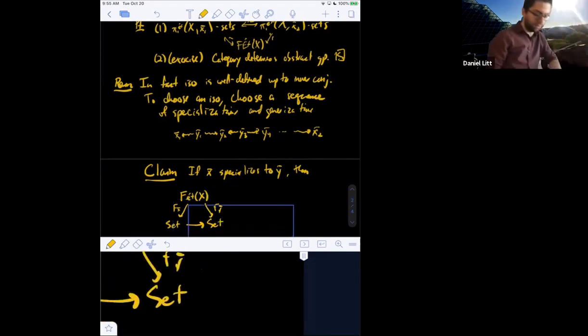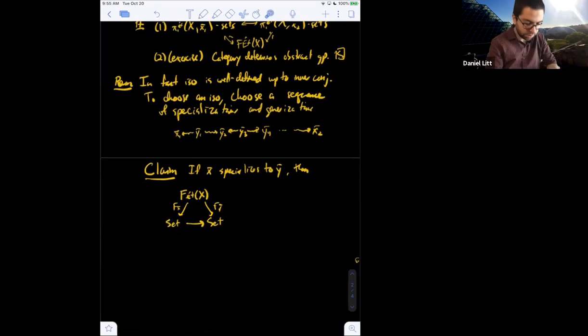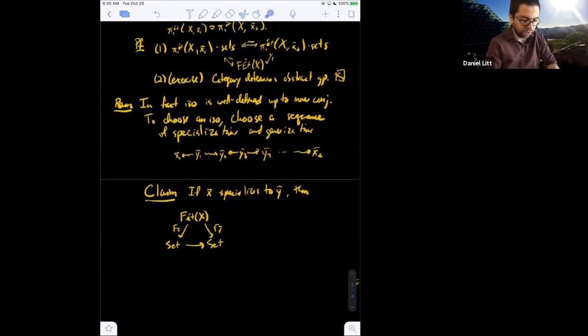And then this map here is what's going to induce this actual isomorphism over here.